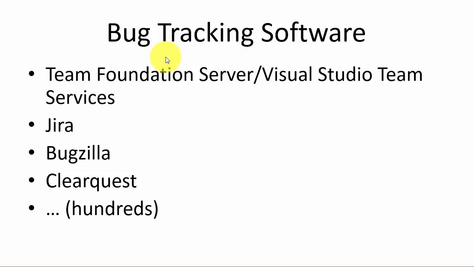Here we see some examples of bug tracking systems. We have Team Foundation Server or Visual Studio Team Services, which is a cloud-based version of Team Foundation Server. We have Jira, Bugzilla, ClearQuest, but we have hundreds of different bug tracking systems.